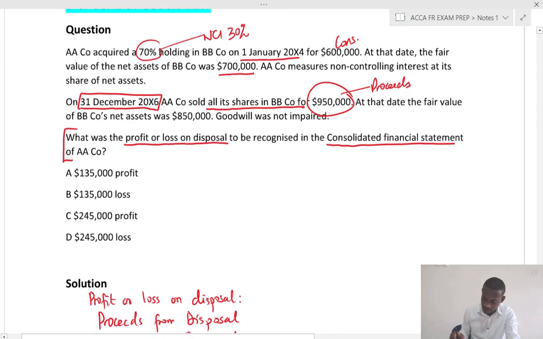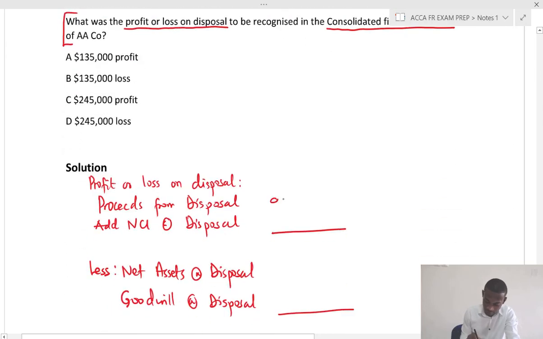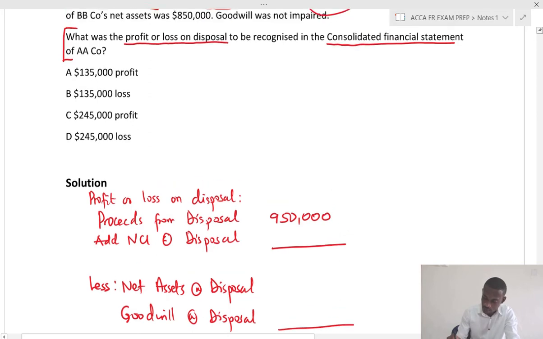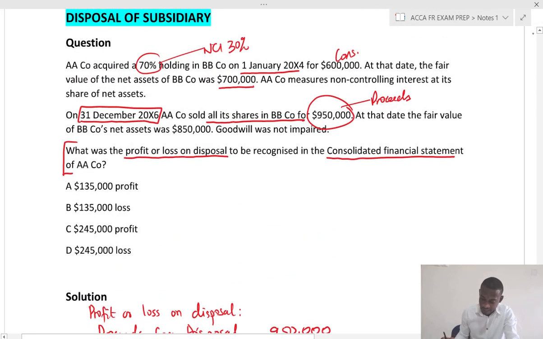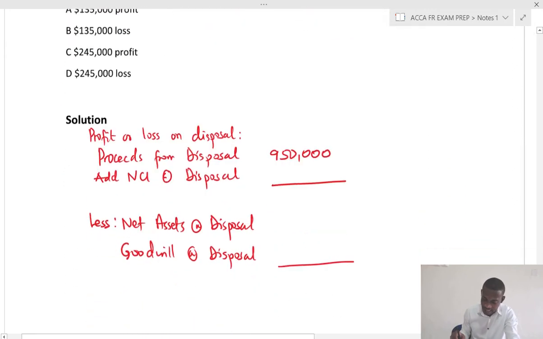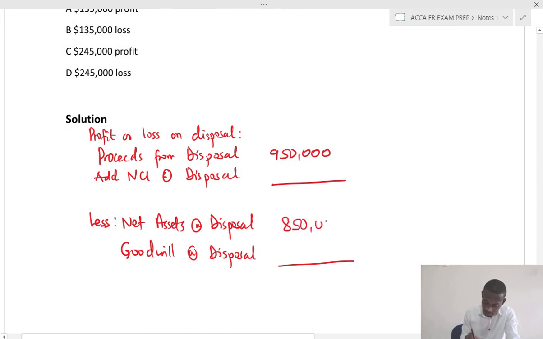And I can slot that here, 950,000. So at that date, the fair value of net assets was 850. So net asset at disposal, 850. And remember, this is always a deduction.